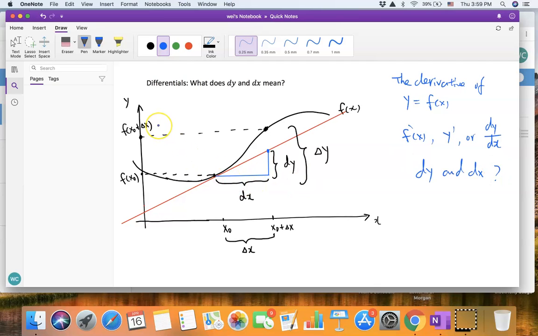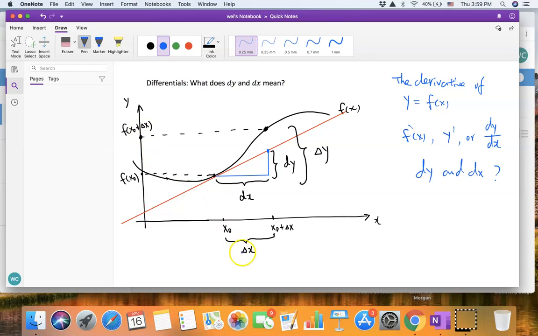Okay, here we have a graph of some function y equals f(x). When x equals x0, the function value we can see is f of x0. And when x equals x0 plus delta x, where delta x is a small number, the function value is f of x0 plus delta x.